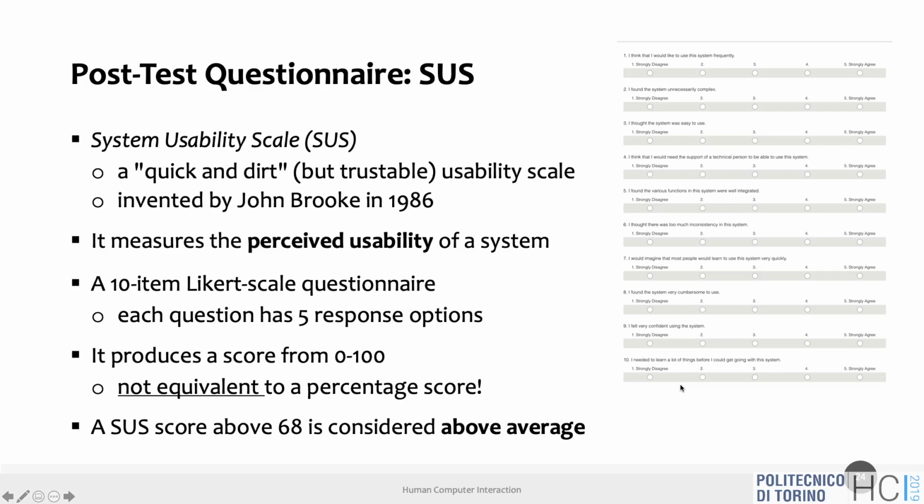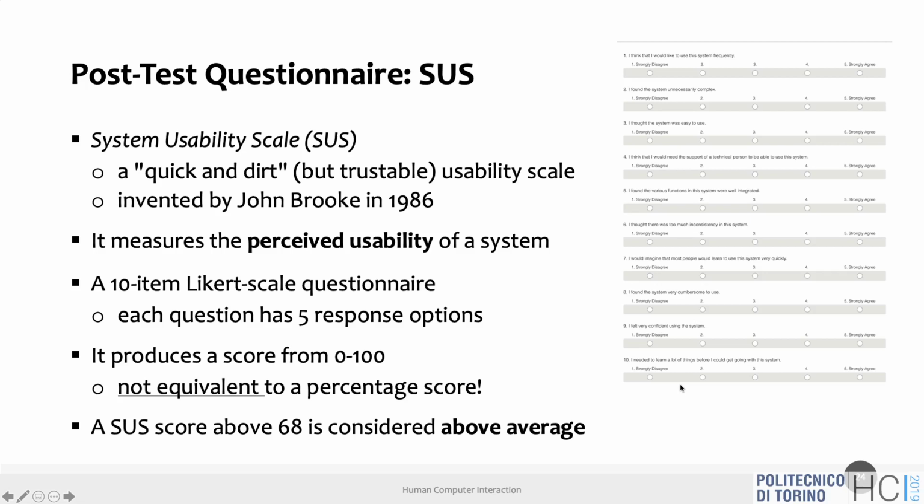So you can say that, for instance, if your system has a System Usability Scale score of 80, it's among the best 10% of websites for usability.